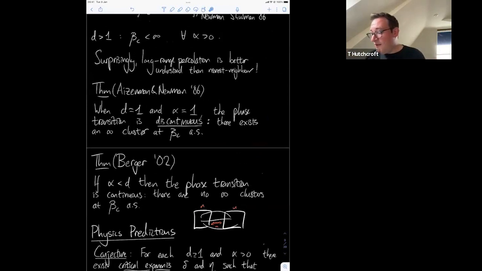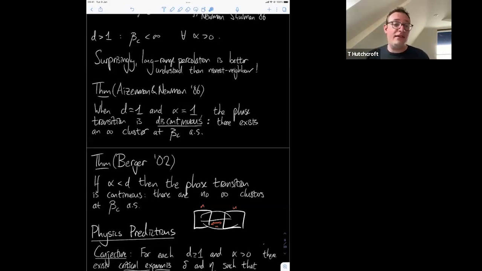In particular, as will become clear in a minute, this theorem applies to models which are conjecturally in the same universality class as nearest neighbor percolation in 3D. Of course, proving that they are is another matter. But still, I think it's really interesting and has received less attention than it ought to from the community.